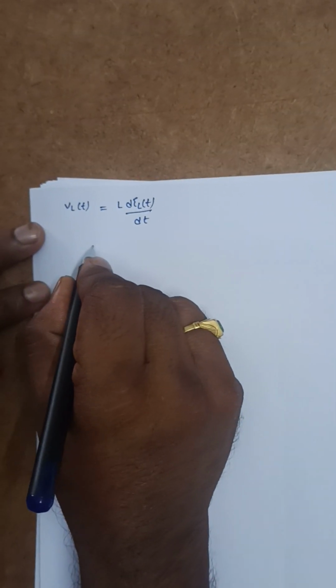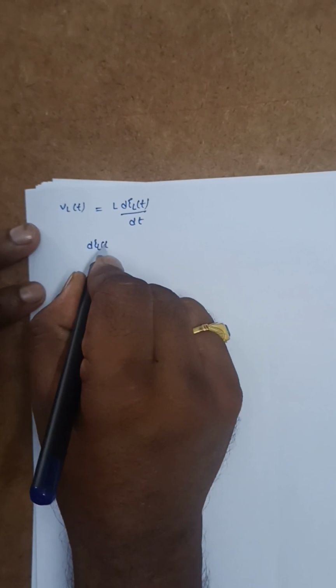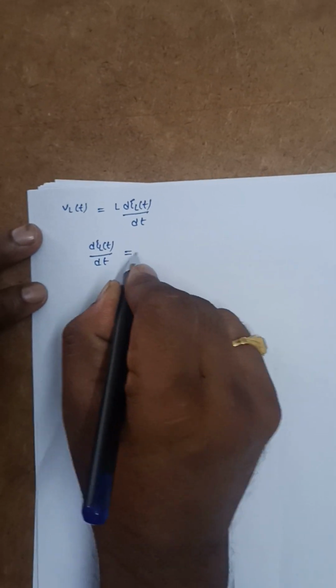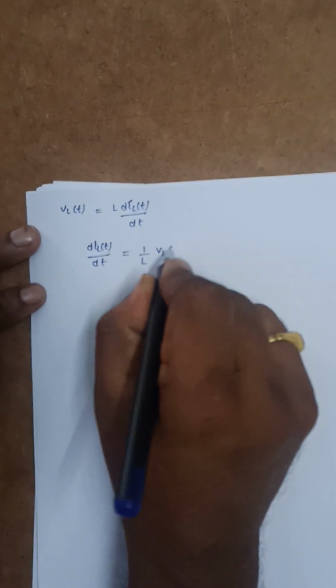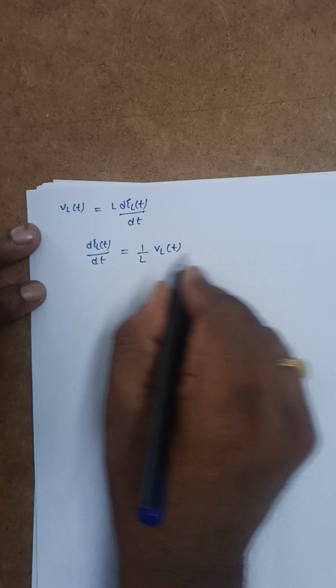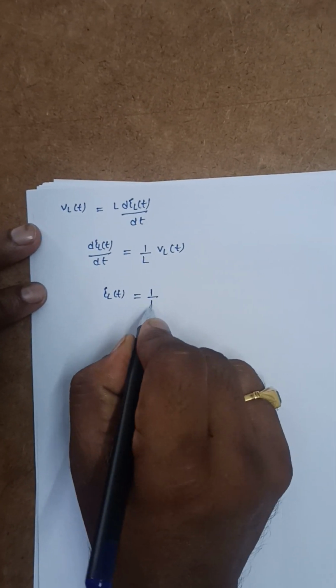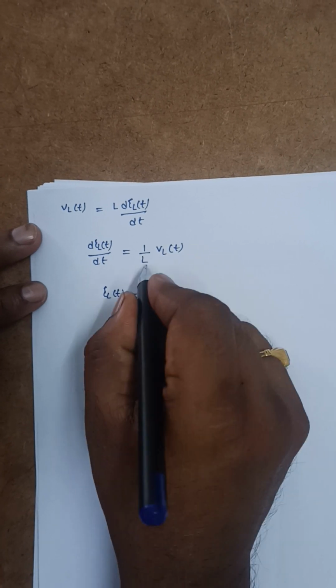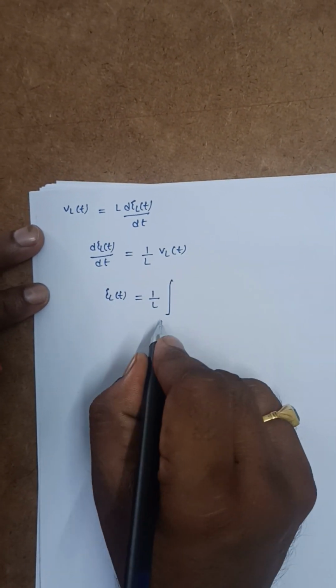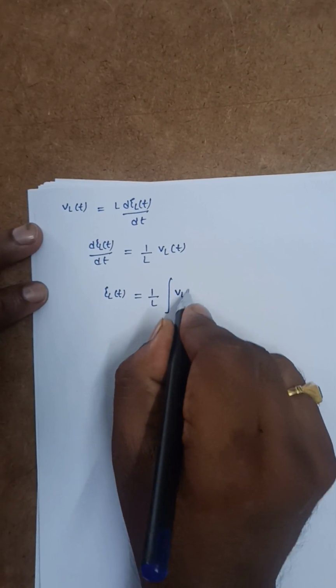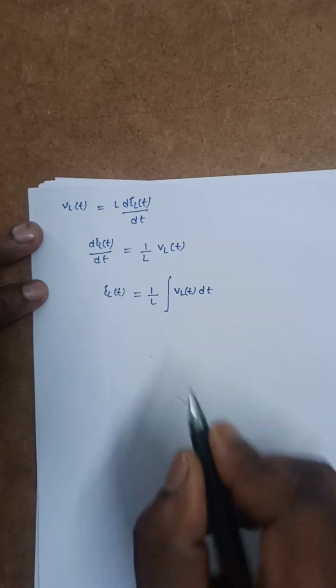Now dIL of t by dt is equal to 1 by L into VL of t. So integrate on both sides of this equation. IL of t is equal to 1 by L integral of VL of t dt. L is independent of time, so I can take it out of the integration.